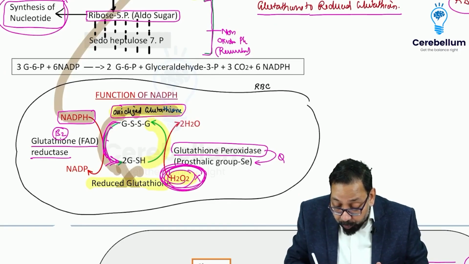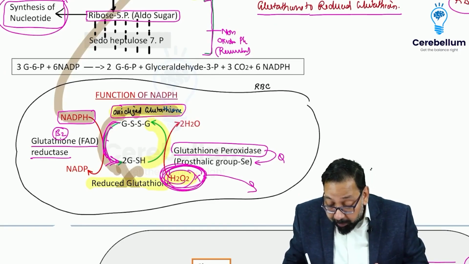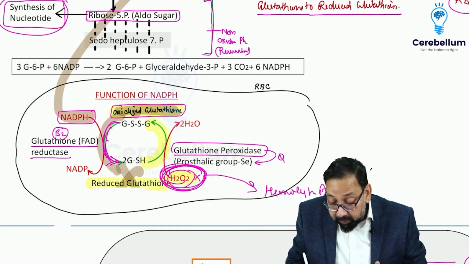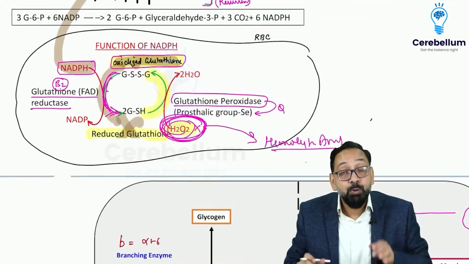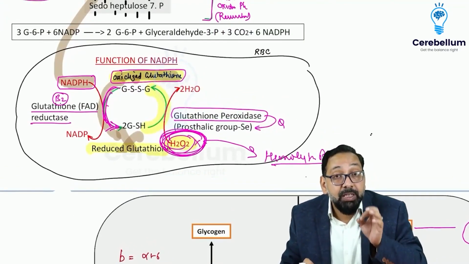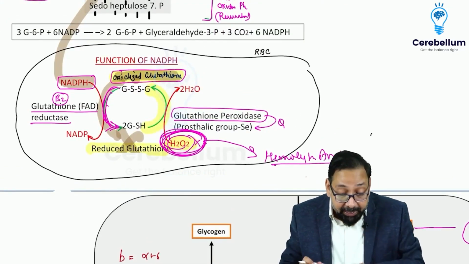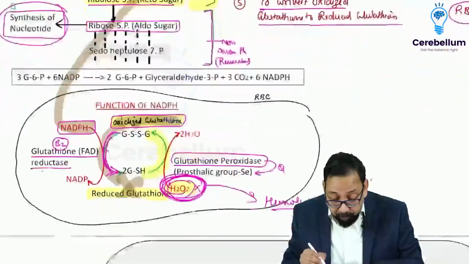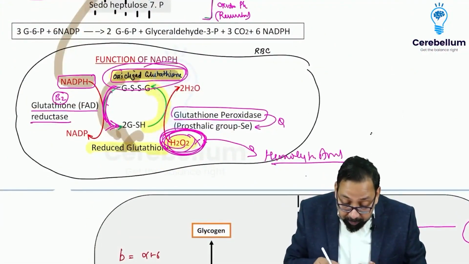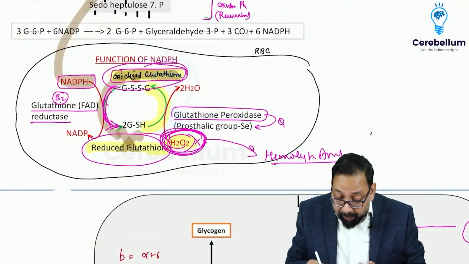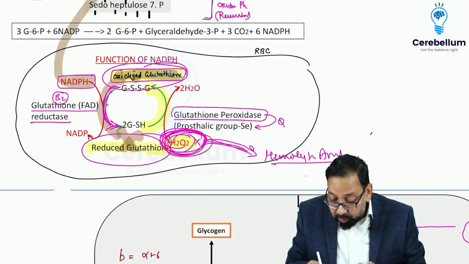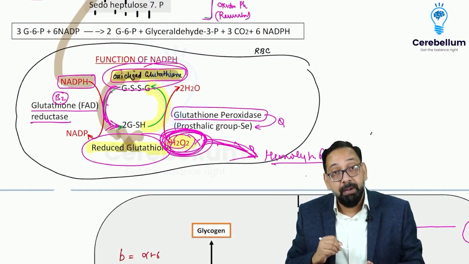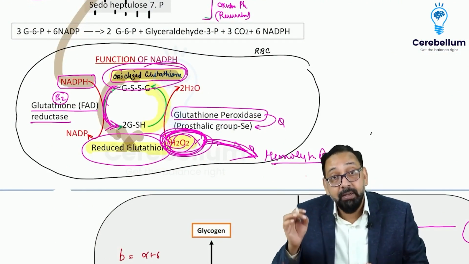This H2O2 will destroy RBC, hemolytic anemia. That's why we say that the most common enzyme deficiency leading to hemolytic anemia is glucose 6-phosphate dehydrogenase. NADPH not produced, so oxidized glutathione is not converted to reduced glutathione, H2O2 is not destroyed, H2O2 damages RBC cell membrane, that is hemolytic anemia.